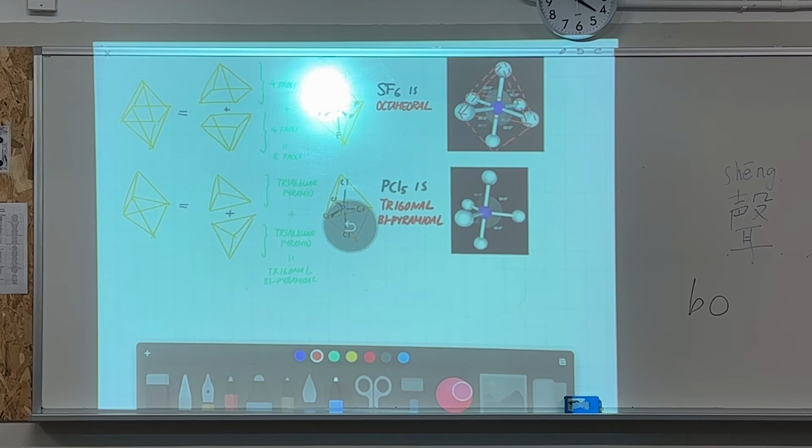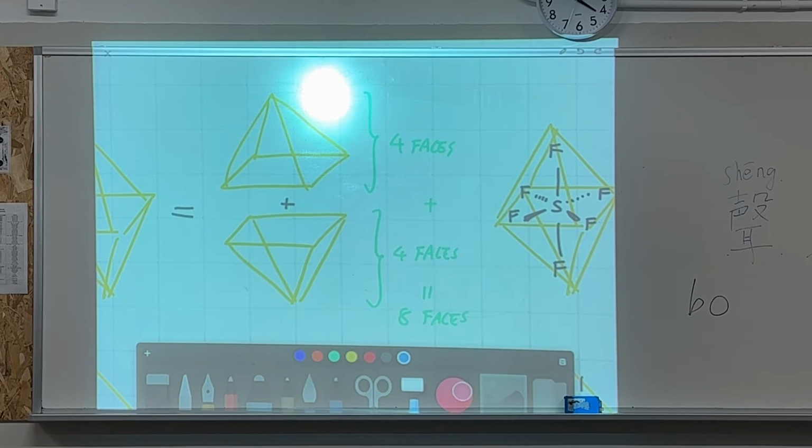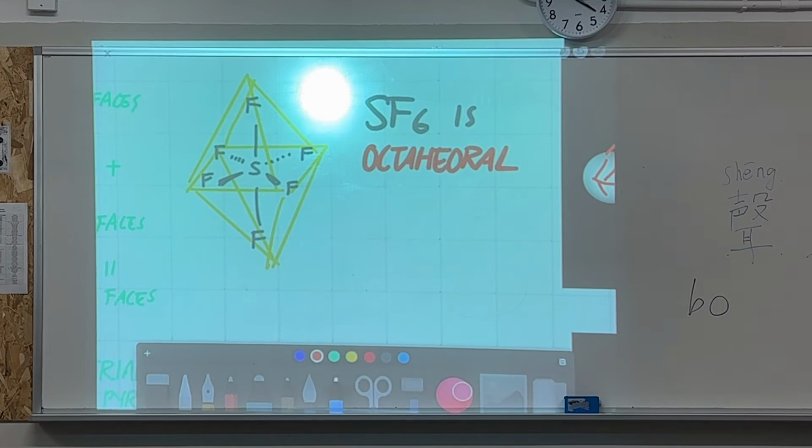So this is why SF6 is octahedral, because there are 4 faces. Okay, let me show you where the 4 faces are. There's one face here, another face here, another face here, and then another face at the back. 4 faces. Okay, at the bottom, 4 faces as well. 1, 2, 3, 4. 4 plus 4 means 8. Octahedral translates to an 8 face structure.